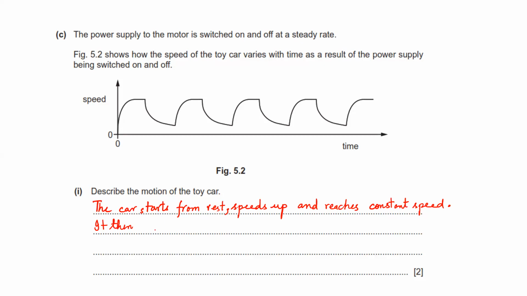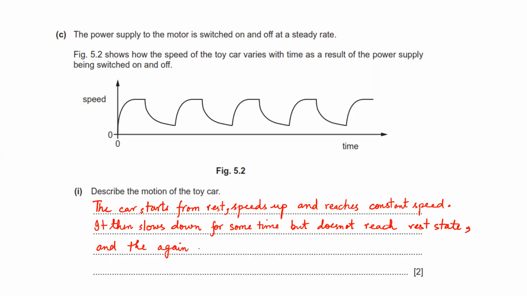It then slows down for some time, but does not reach a steady state, sorry, rest state, and then again speeds up, and reaches the earlier achieved constant speed.